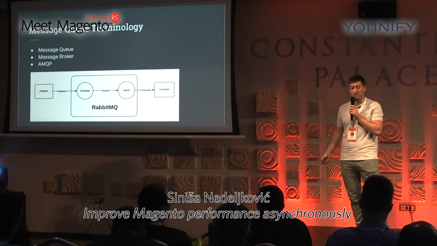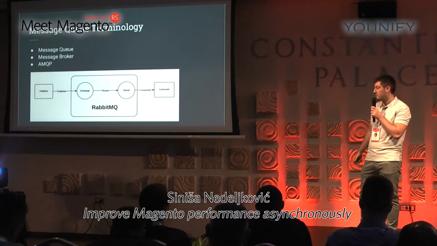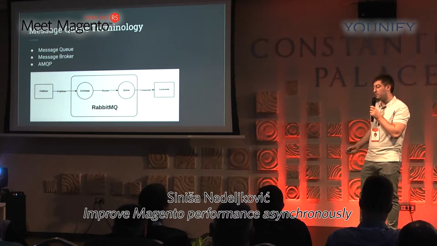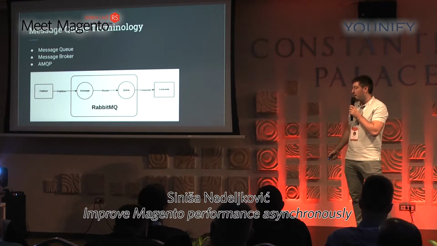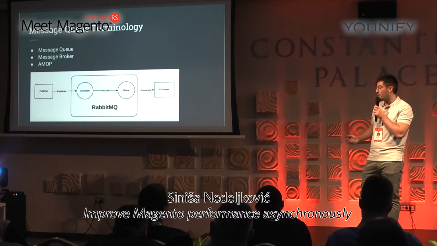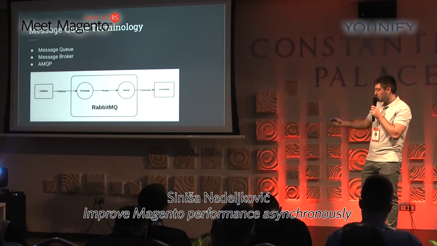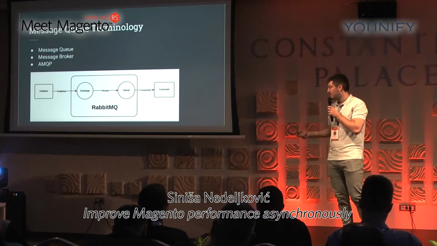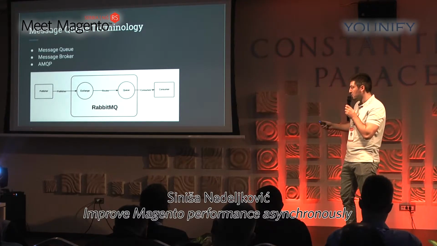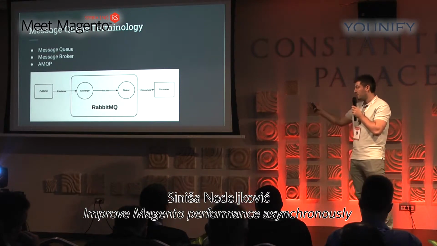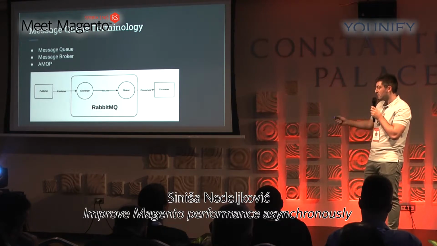For example, there is JMS for Java, etc. But AMQP can be used for heterogeneous systems, and that's something that we'll use in our favor. And just to mention the parts of a typical message queue communication: there is a publisher, which publishes those messages, a broker, and consumers.